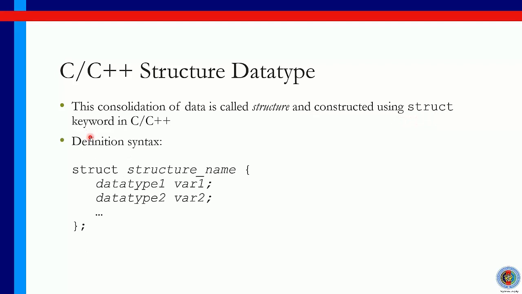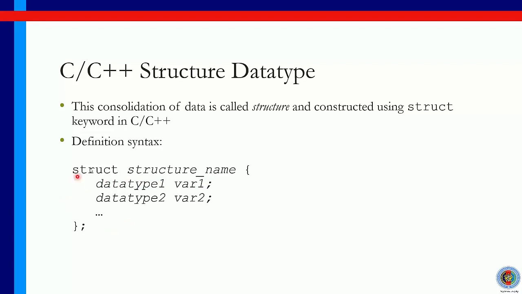Then there will be a question about what is the syntax to declare them. So this is the syntax, the keyword struct followed by structure name. In this case, the structure name will follow the same rule as the variable name, and then it is followed by a pair of curly brackets where in between the curly brackets we put the variables that we want to combine together, preceded by the data type.